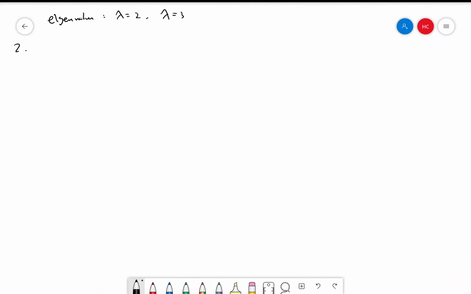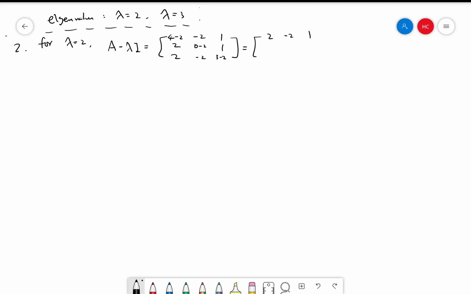So that's the second step. Let's do it for lambda equal to 2 first. Let's calculate A minus lambda I. This is equal to 4 minus 2, negative 2, 1, 2, 0 minus 2, 1, 2, negative 2, 3 minus 2. So what we get is a matrix with all 3 rows being the same, and we can solve this equation.